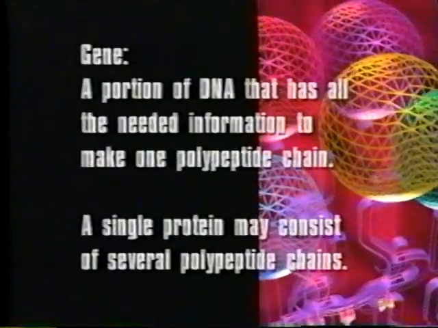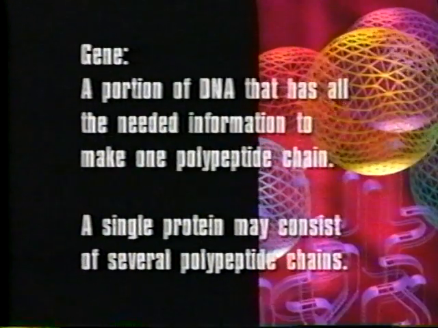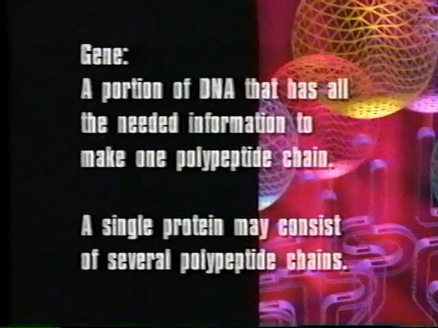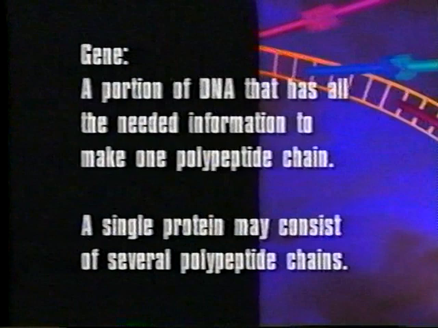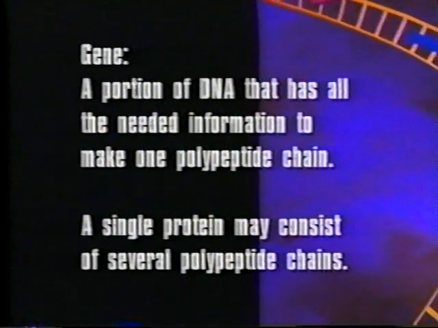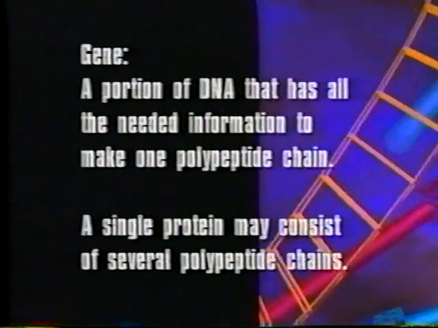The nuclei in our cells have information to synthesize over 100,000 different types of proteins, and each cell has a copy of this information. A gene is a portion of DNA that has all the needed information to make one polypeptide chain. A single protein may consist of several polypeptide chains.